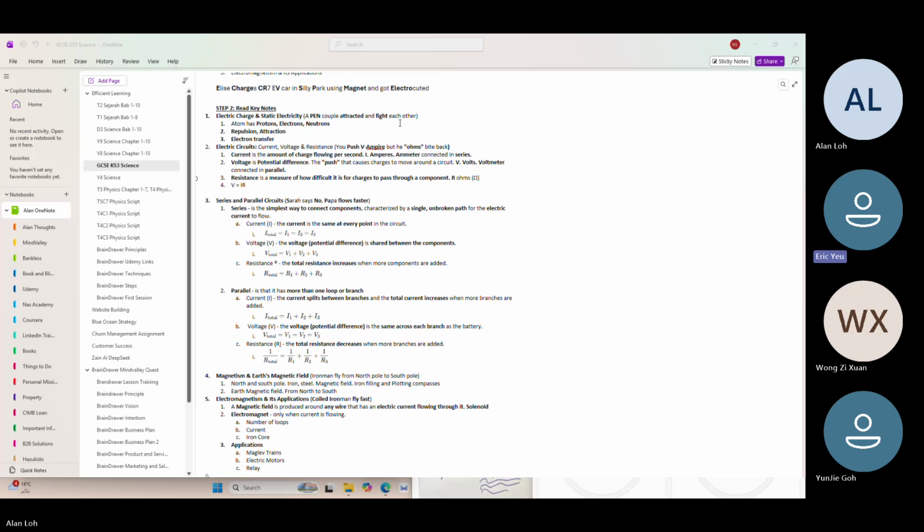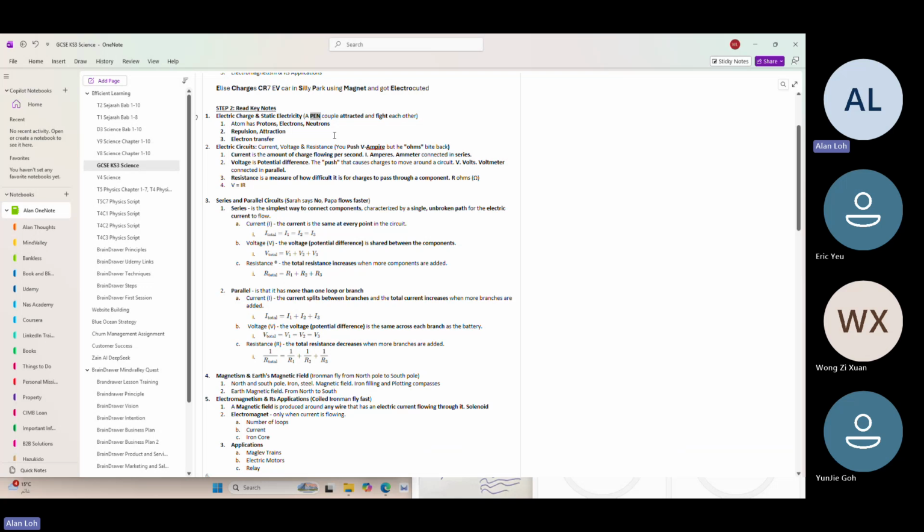Oh, did I ask drawer number 2 or drawer number 1? First time you said drawer number 1, and the second time you said drawer number 2. Okay, then I confused myself. Let's focus on drawer number 1, right? To be fair, I did not explain well enough why pen. Pen represents P for proton, E for electrons, N for neutrons, right?